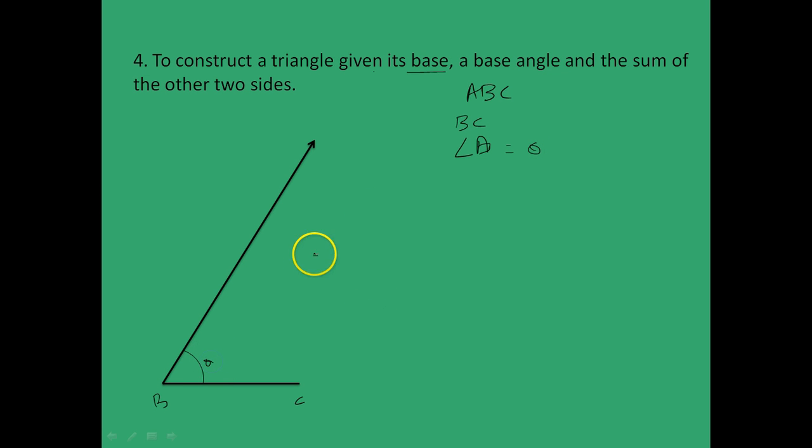This is theta, and we are given the sum of the other two sides. So AB plus AC is equal to, let's call it A, and it's given. So let's see how we can do this.